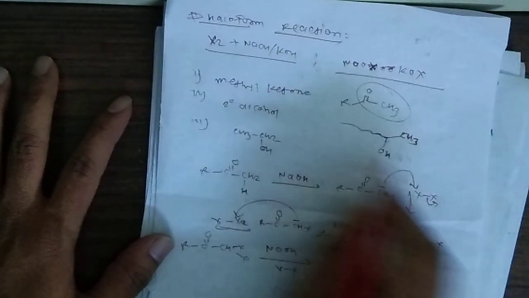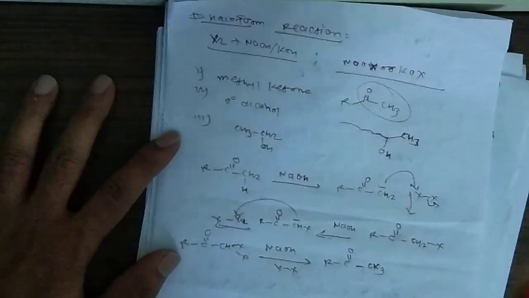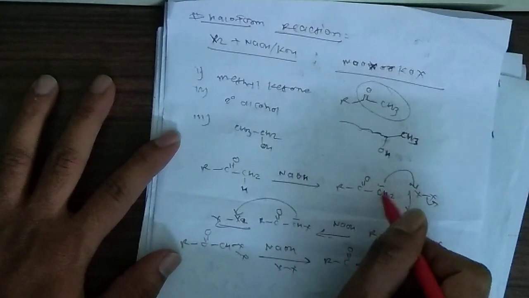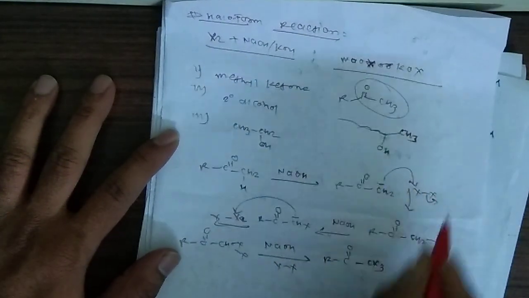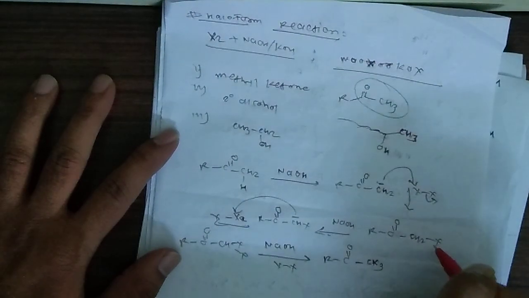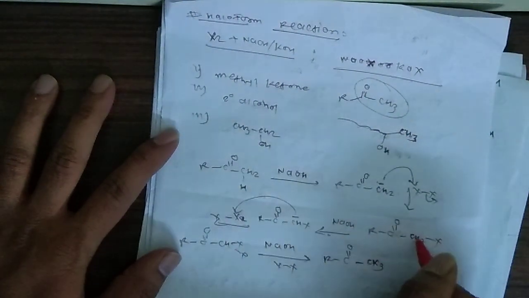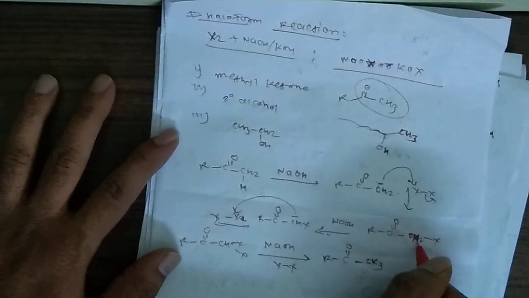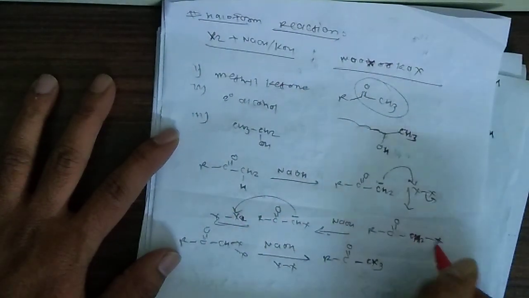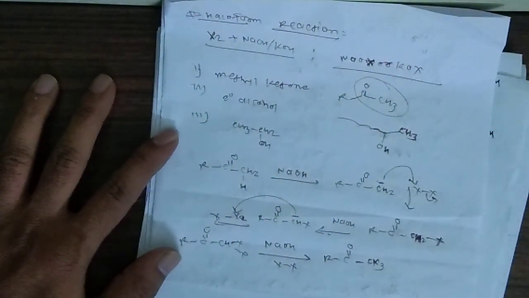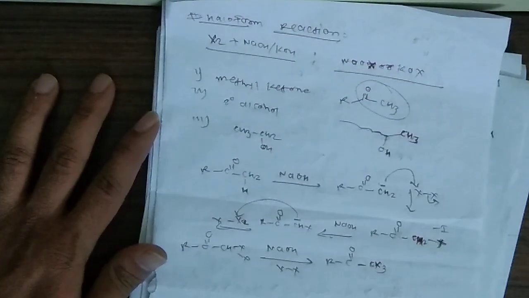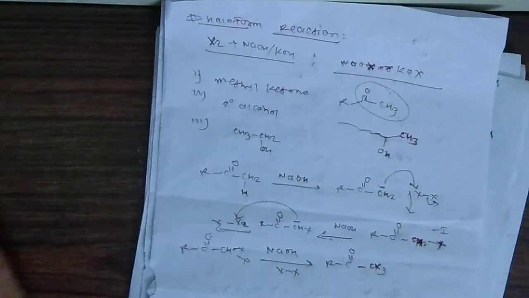Now if you see the whole reaction, first the proton is removed, CH2 minus is formed, now CH2X is formed. Now again base is there, and now this H becomes more acidic than before. Why? Because it has a halogen, which is an electron withdrawing group; the minus I effect dominates in the case of halogen.